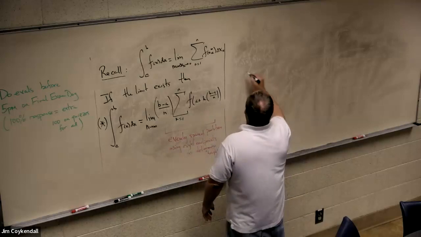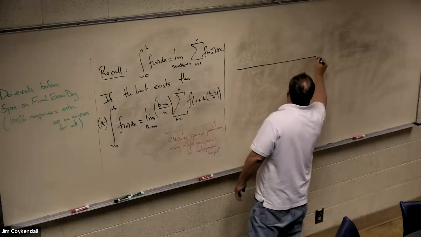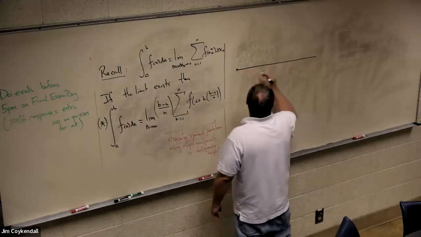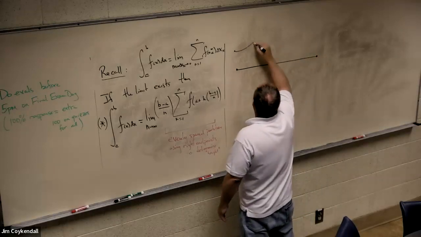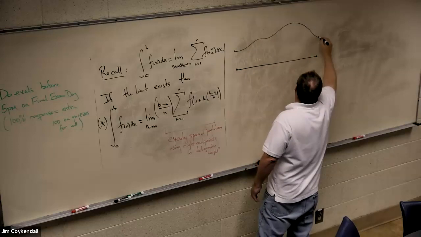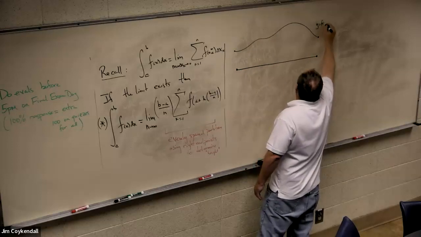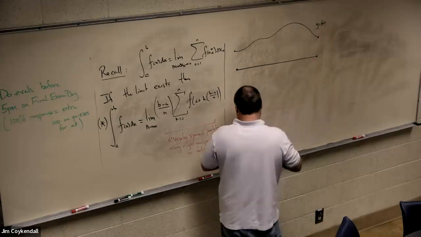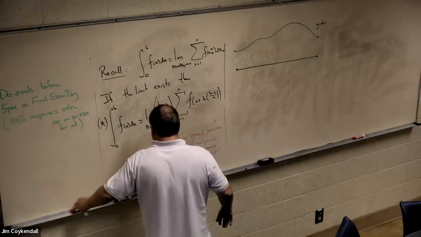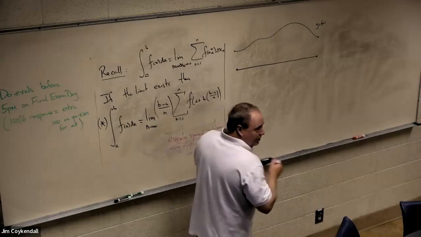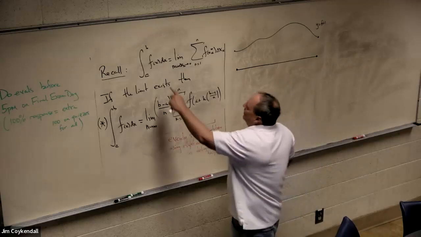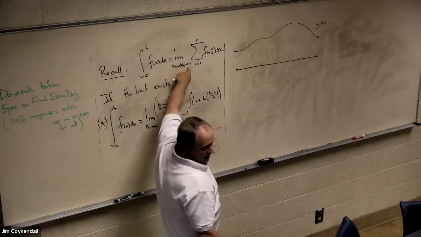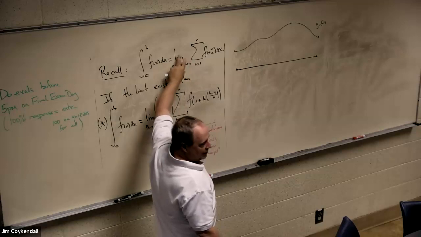So here's my function. Now, this time, I'm going to evenly space my partition. Why? Because if the limit exists, then the limit exists for every partition.